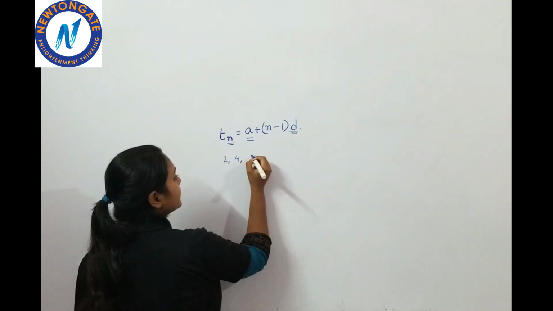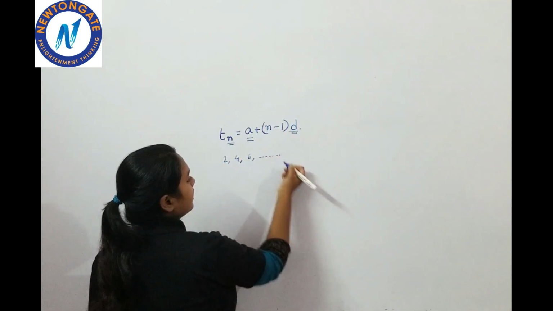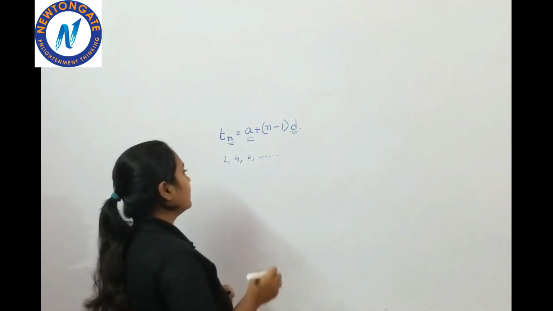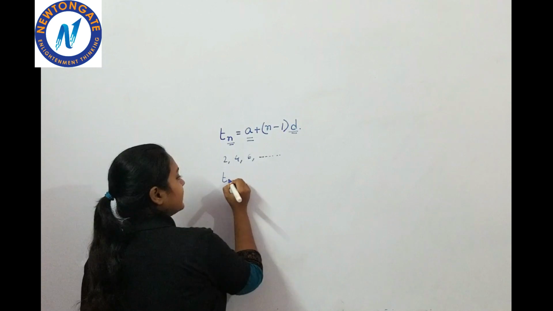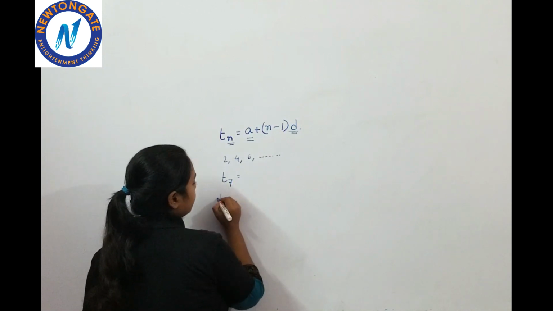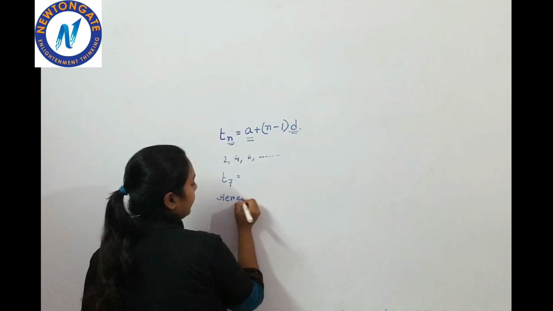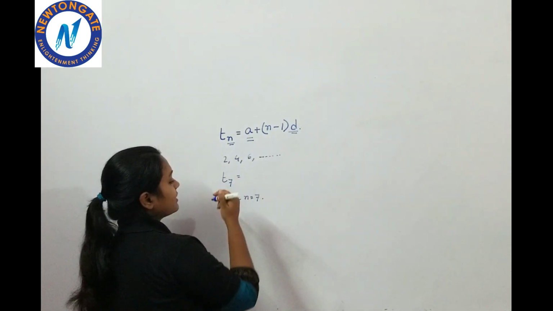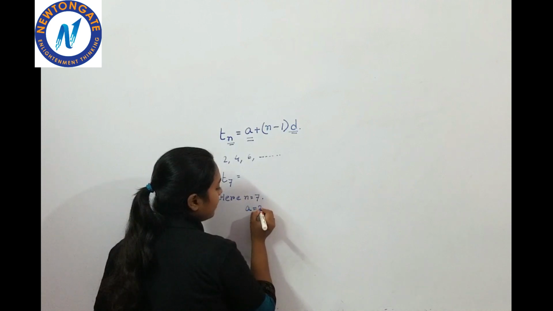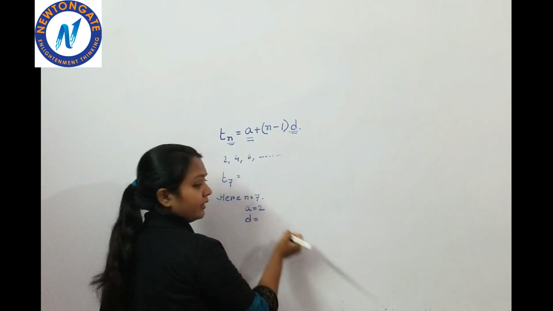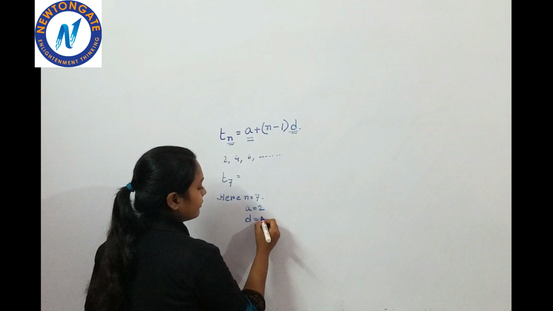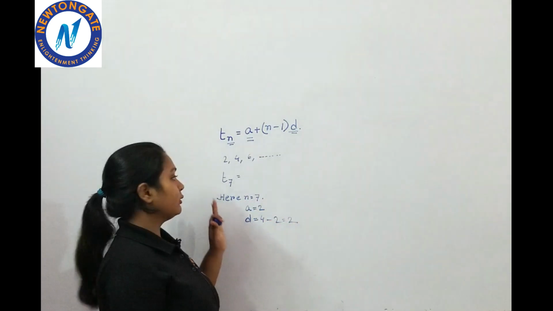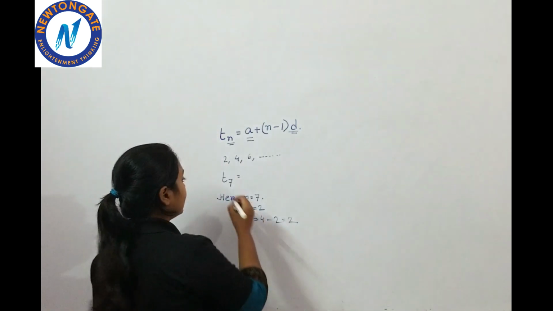Okay, let's take an example. 2, 4, 6 and so on. Calculate the seventh term of that AP. Seventh term means T7. Here n equals 7, right? And in this AP, a equals 2 and the common difference is 2. Then how to use that formula?